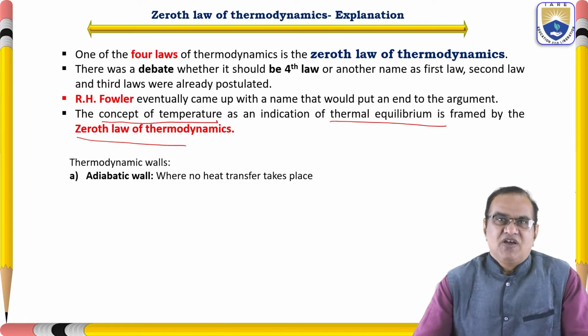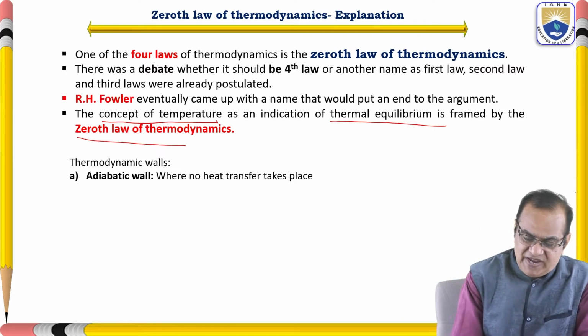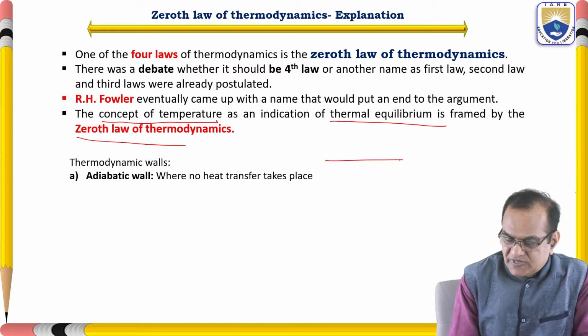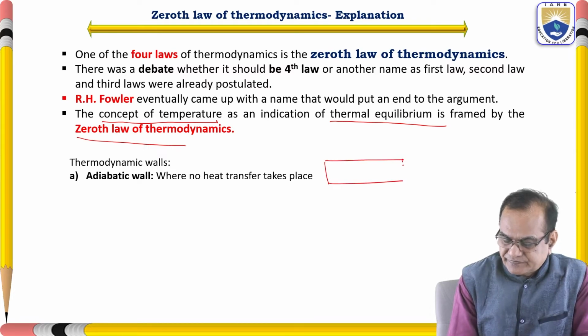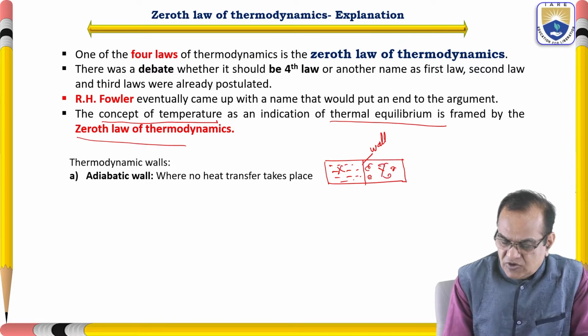The first wall is called the adiabatic wall, where no heat transfer takes place. What is the meaning of adiabatic? If this is a chamber and there is a wall, with some fluid X on one side and another fluid Y on the other.